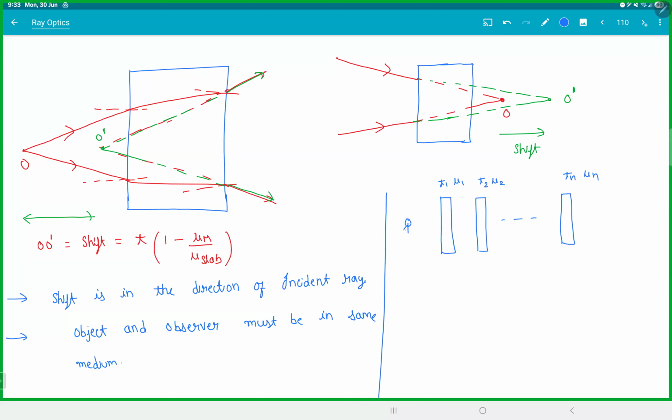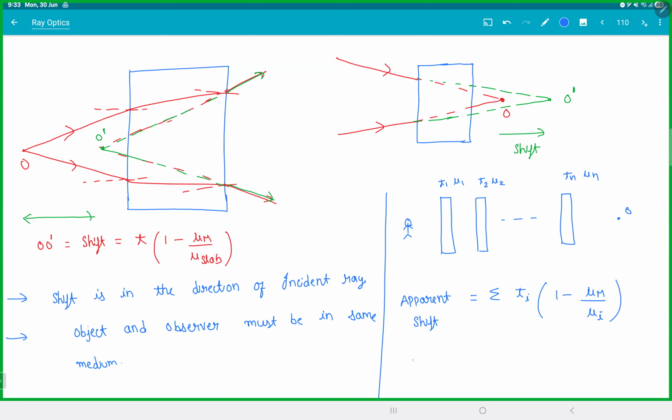And let's say we have an object here. It doesn't matter what the distance between them is, the total shift will be sigma summation Ti into 1 minus mu medium by mu i.